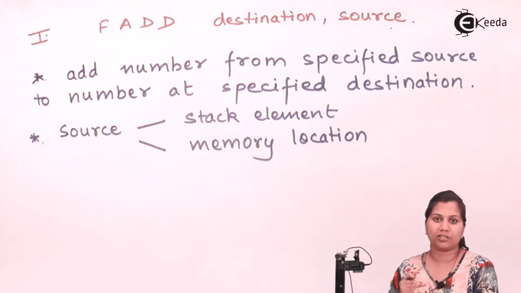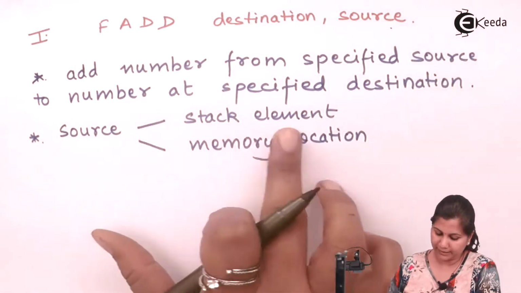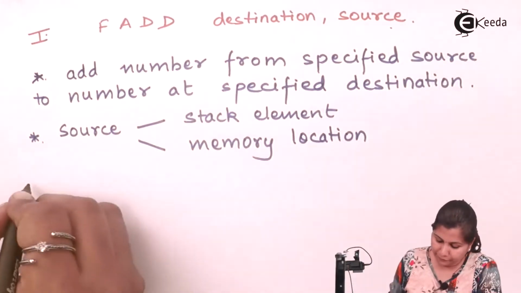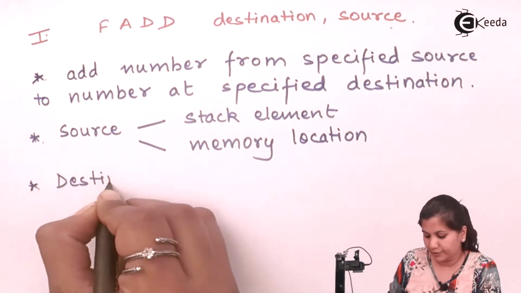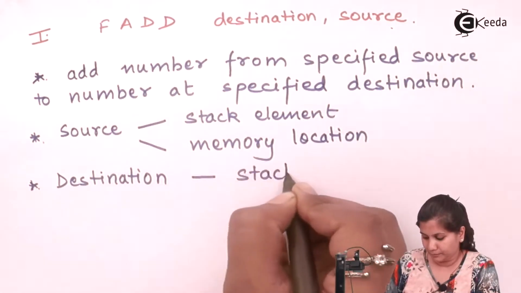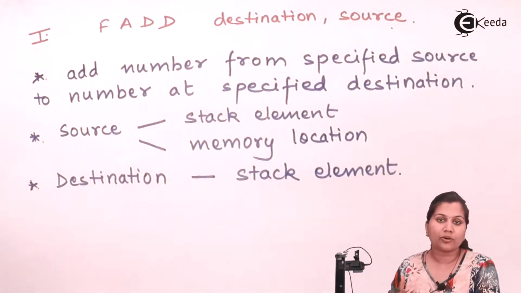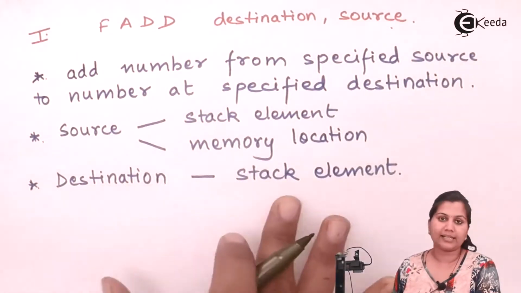These 8 registers are labeled from 0 to 7. So any of these registers can be used. So the source can be a stack element or a memory location. But for the destination, it is compulsory that it should be a stack element. So we can say that the result of this operation is stored in the destination, that is in the stack.